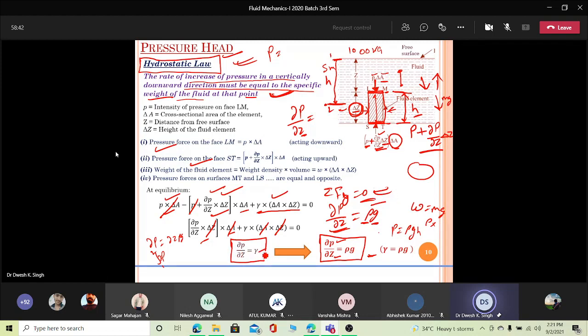Because this is in the differential form, and this is very specific, from this you can find out for any particular point, but with this equation you can find the pressure difference between the 2 points also. Okay, these two are the same thing. Because this is in the differential form, it can give you the difference between the 2 points.